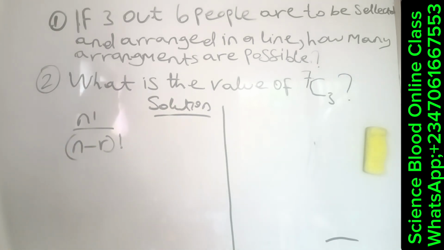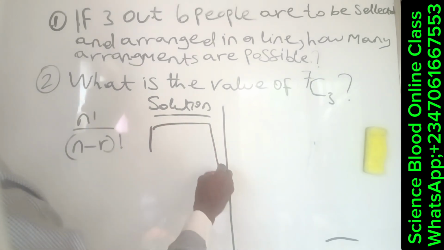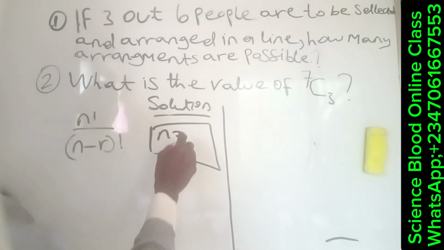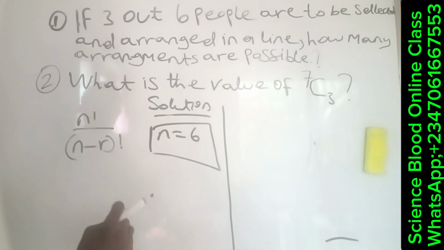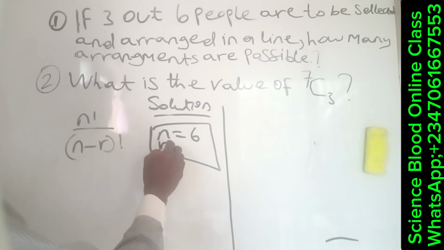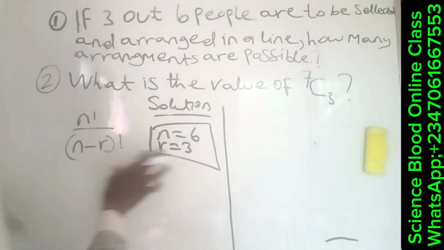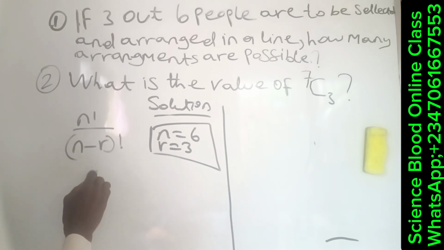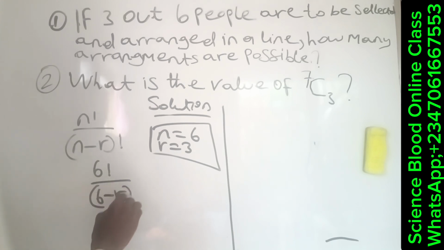Therefore, from the question given to us, we can say that our n is equal to 6, because n is always the total values given to you. Then your r is 3. So substituting into the formula, we have 6 factorial all over, open a bracket, 6 minus 3 close bracket factorial.